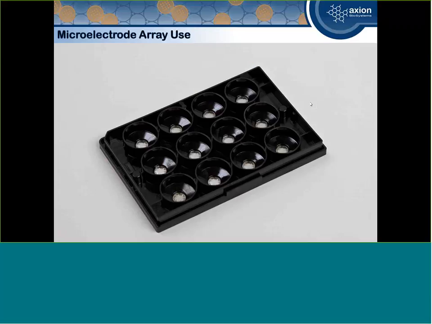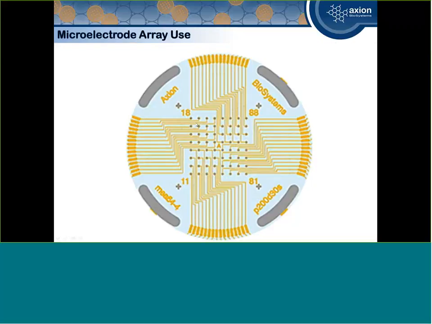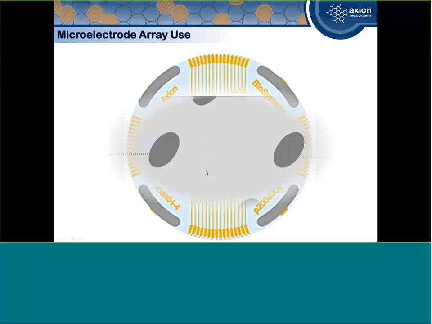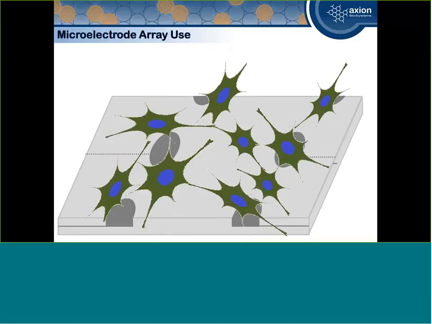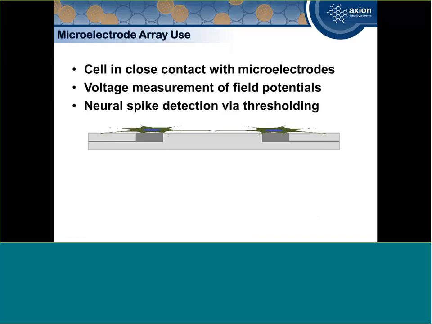The 12-well plate, as I said, is transparent, and every well has a microelectrode array on the bottom of it, with an 8x8 grid of microelectrodes, giving 64 electrodes to work with. On this grid, we can grow the neurons, which allows them to come in very close contact with the microelectrodes.